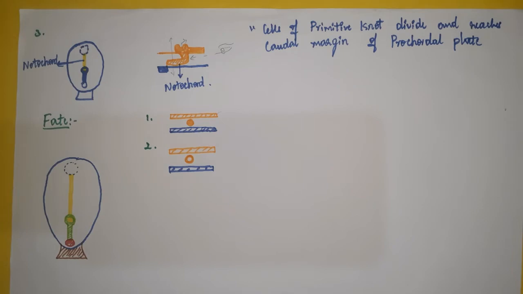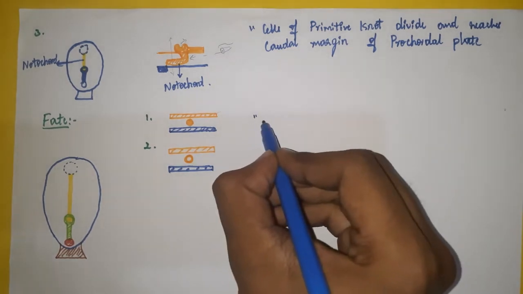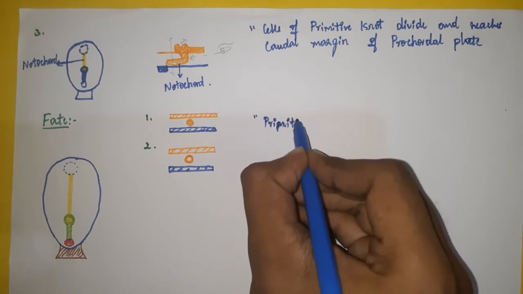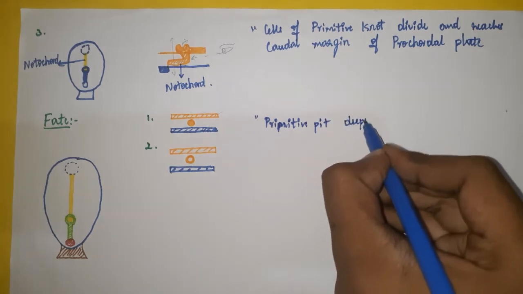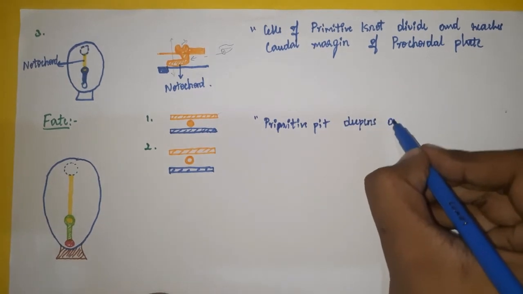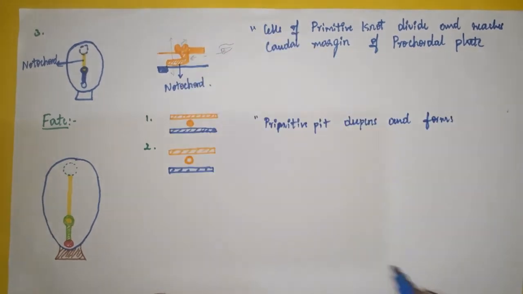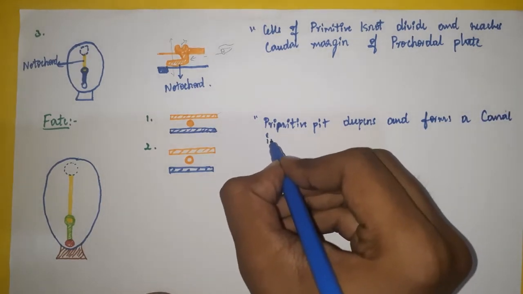So the summary is, primitive pit deepens and forms a cavity or canal inside the notochord. Primitive pit is this one.